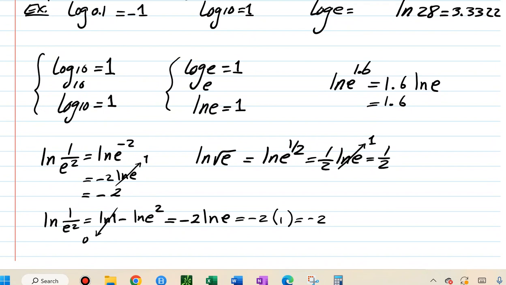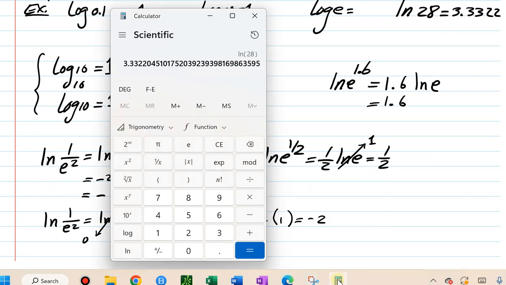So for this one, I'm just going to use a calculator, right? So I'm doing common log of e. Let's see if I have that. Yes, good, perfect. See that e here? I'm going to hit right there. There you go. That's e, by the way.